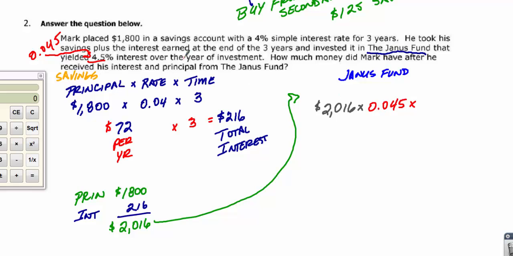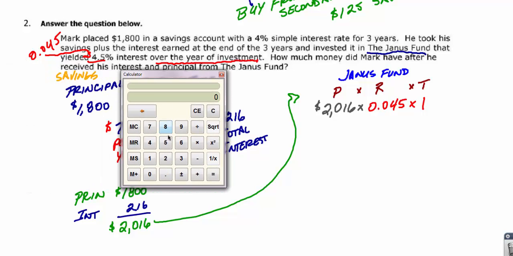That's the rate. And how much time? It says over the year of the investment. Over the year means 1 year. So this is the principal times the rate times the time.